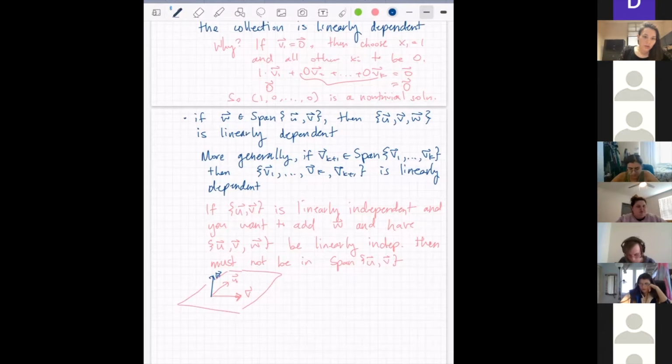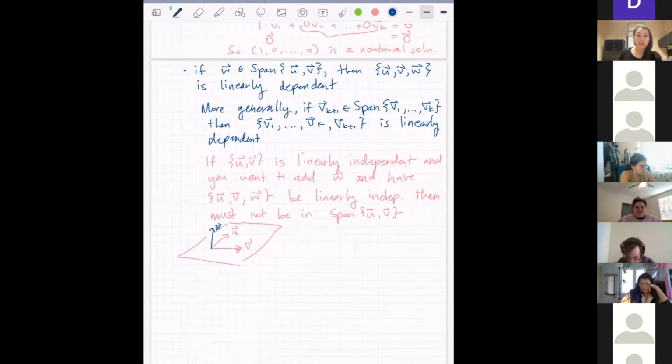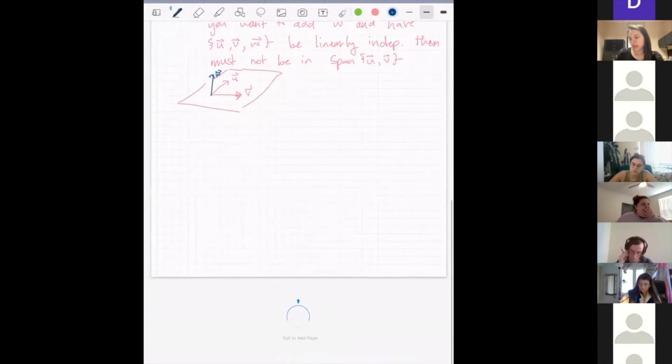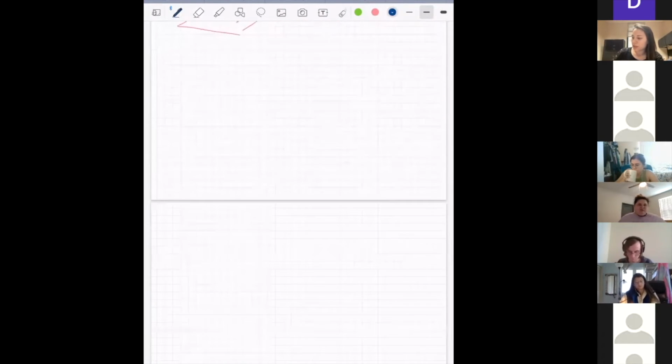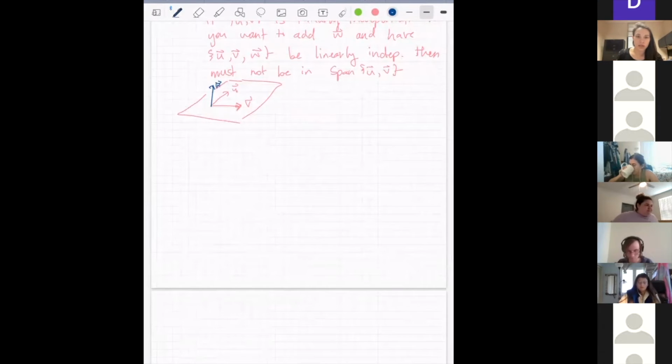Okay, so something that's pretty useful for thinking about this and answering questions like whether a collection of vectors is linearly dependent or linearly independent is to think about it in terms of a matrix, right?